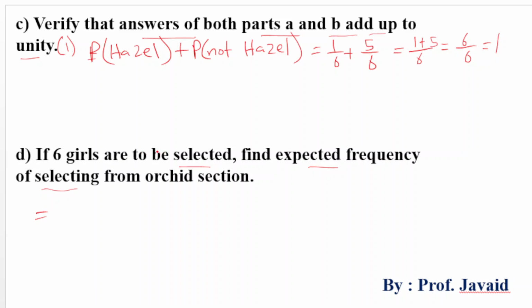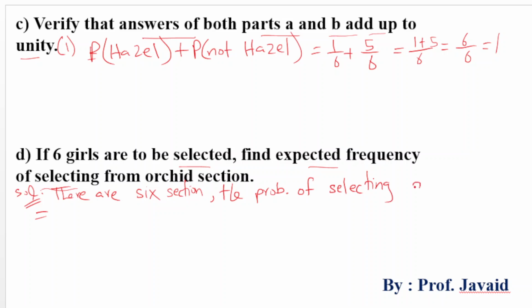Since there are 6 sections, the probability of selecting a girl from, what is given to us, Orchid section.